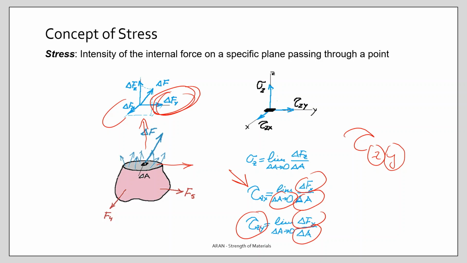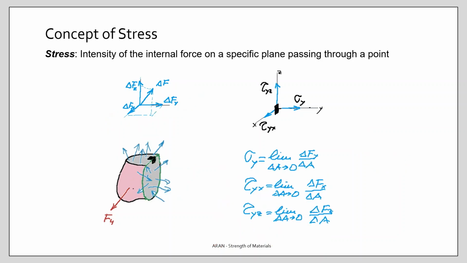In this case, y is my new direction, whereas z is the same because this is the normal of the plane on which the forces are acting. As you see, in this cut, we have found three stress components, one normal and two shear stresses.